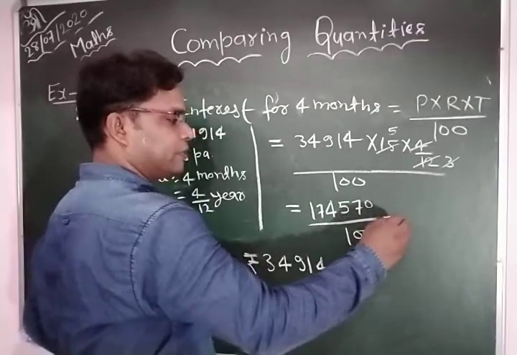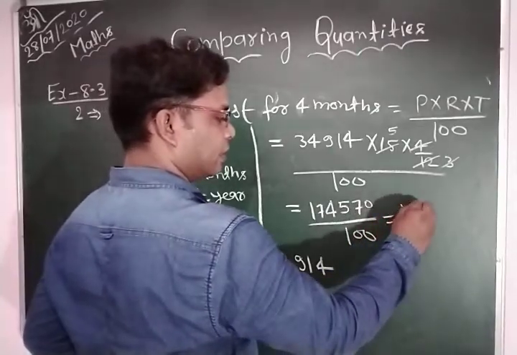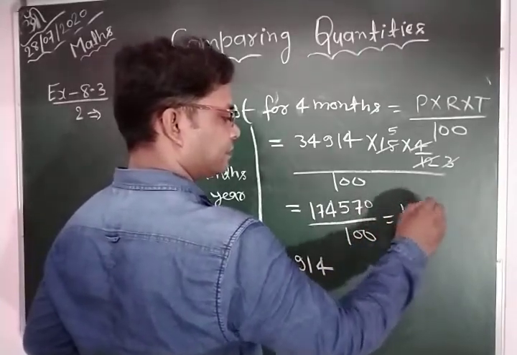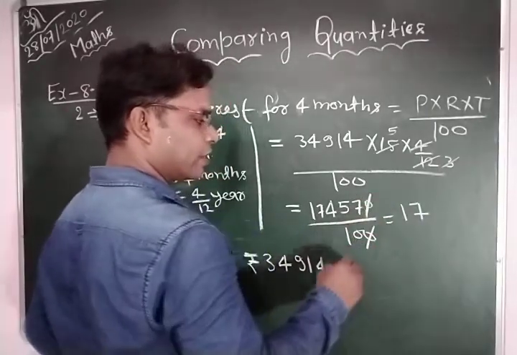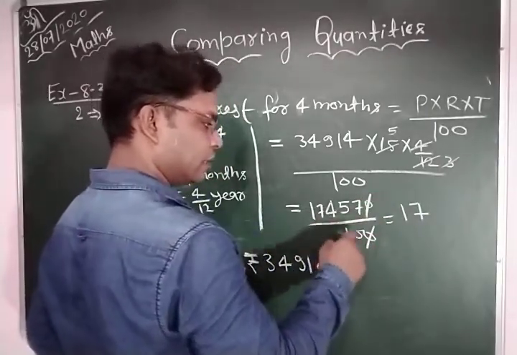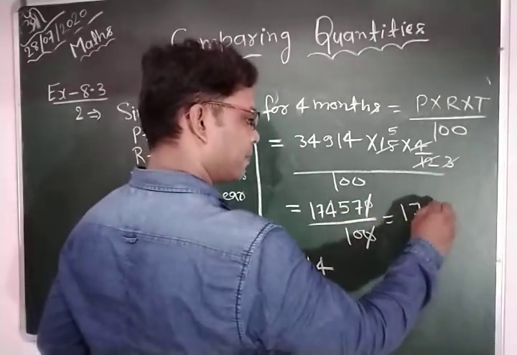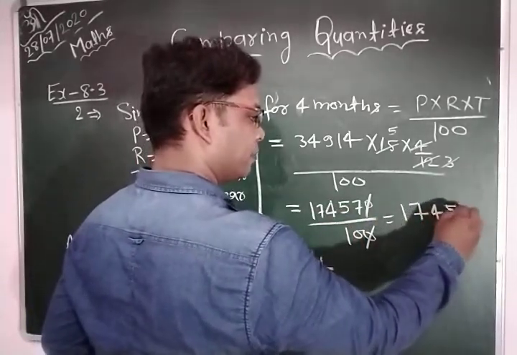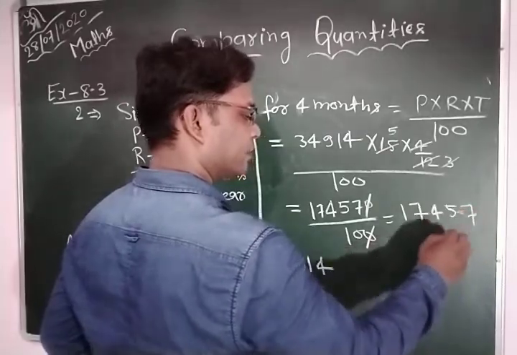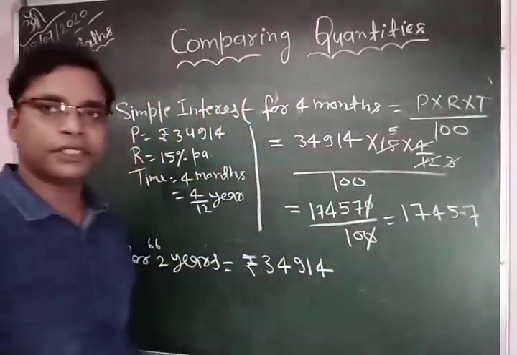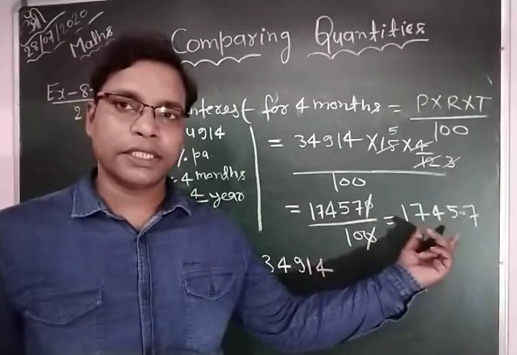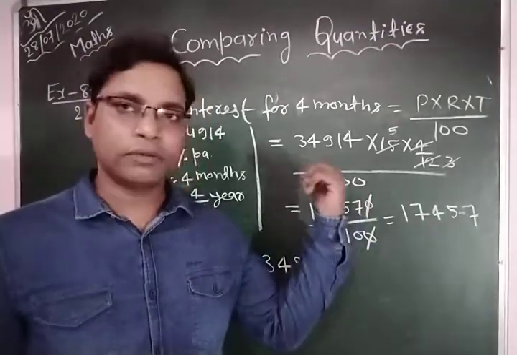So you can obtain here 1700. 100 cancels. Okay. And you use a decimal here. You can write here 45.7. Okay, this is our simple interest. This is our simple interest for 4 months.